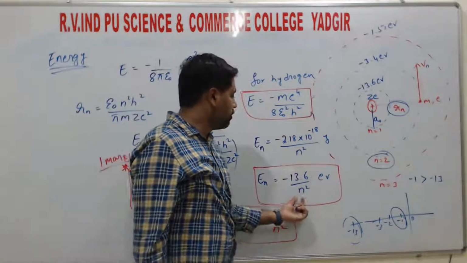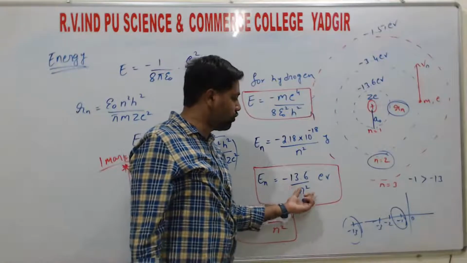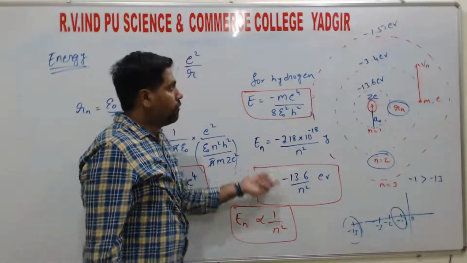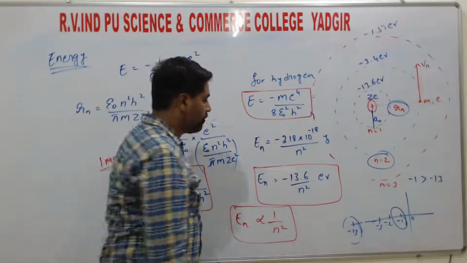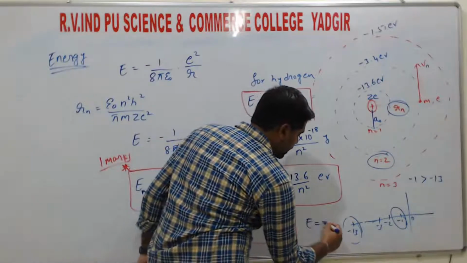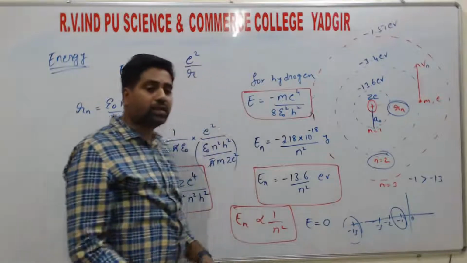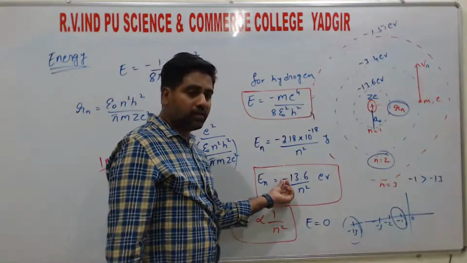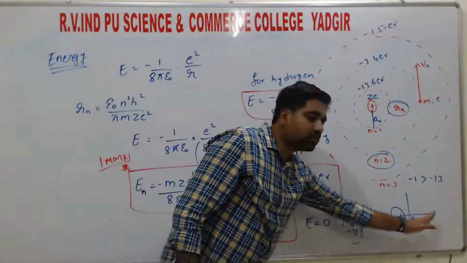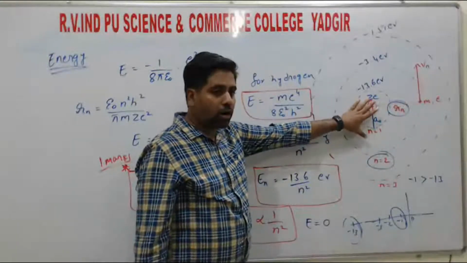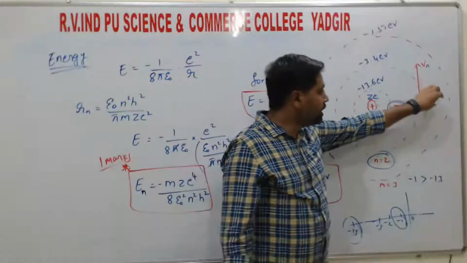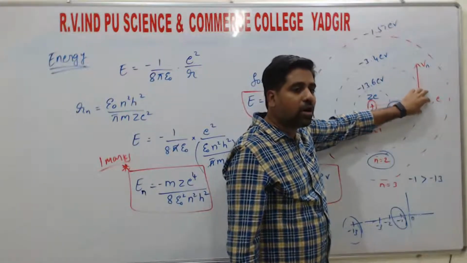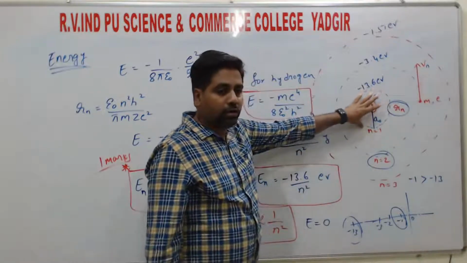As we go further to n equals 4, n equals 5, we get values for certain orbits. When the value of E is greater than or equal to 0, the electron crosses the bound state of the atom. If the energy value is positive, the electron is not bound to the nucleus.